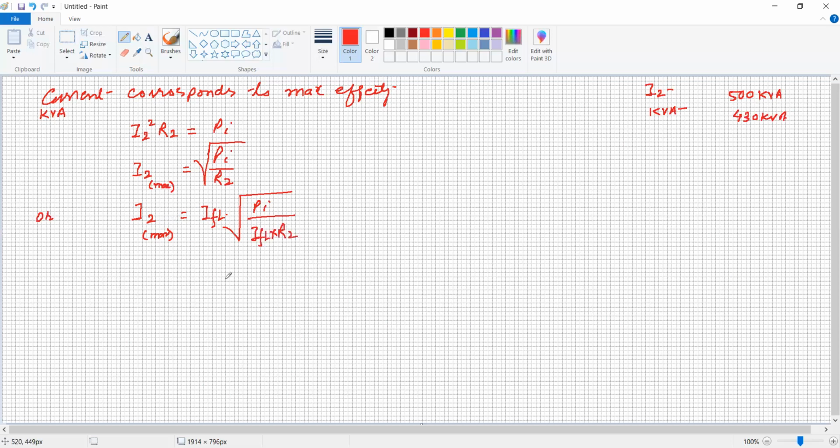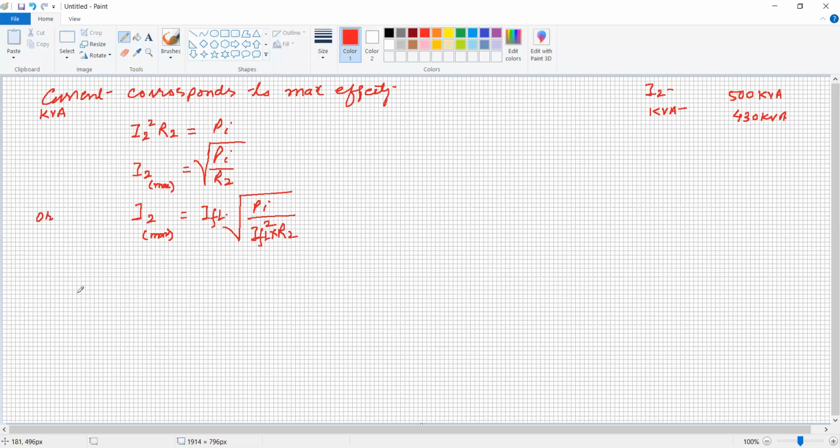Any change here? No change, isn't it? We are just arranging the equation like this. It is 1 upon under root, so it is equal to full load current, and this full load current gets cancelled. Only we have added the full load current.